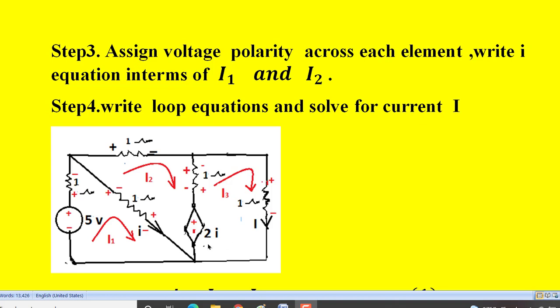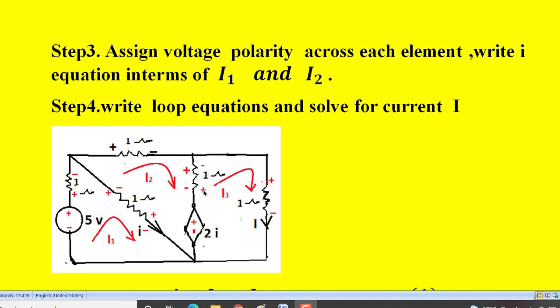Then the same current enters here and leaves here. And because it is a dependent voltage source and the polarity is already mentioned, we cannot put a new polarity for this. We have to follow the available polarity for this dependent voltage source. And the same current I3 enters this 1 ohm resistor here and leaves here.